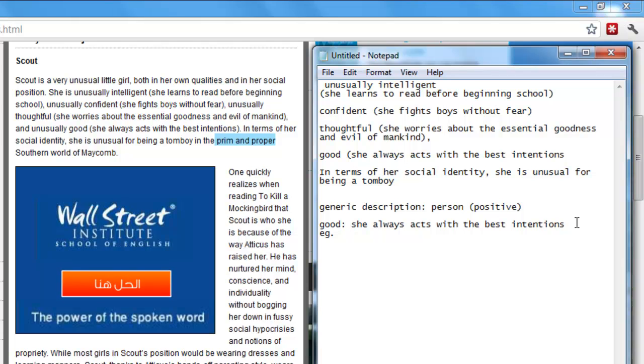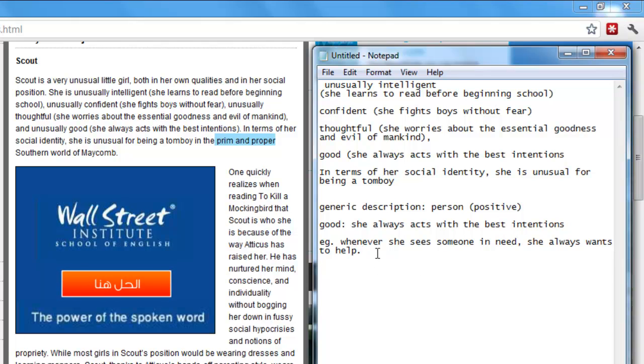For example, whenever she sees someone in need, she always wants to help. This is not a great example. This is not a specific time, this is not a specific person, and this is not a specific situation.